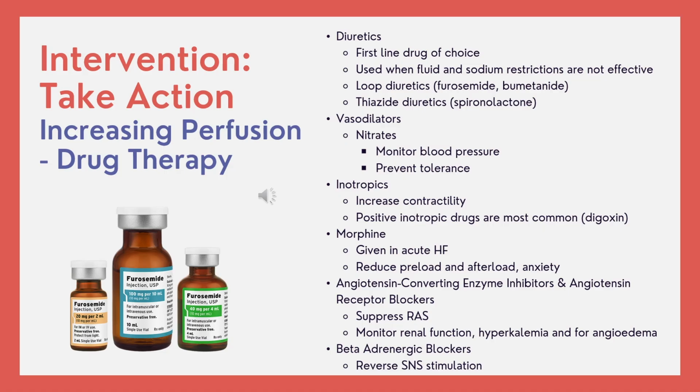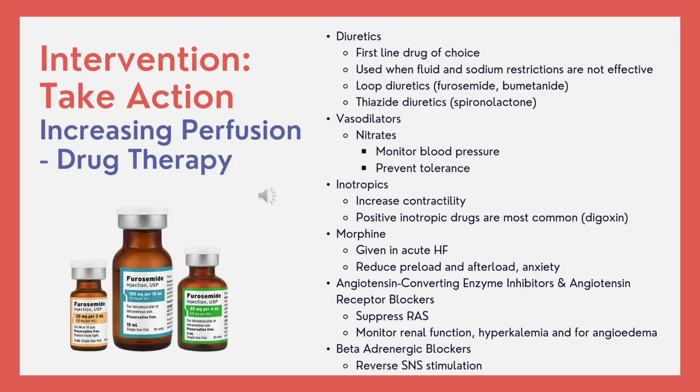As far as nursing considerations, we need to monitor these patients for hypotension, hyperkalemia, and angioedema. And again, ACE inhibitors prevent the conversion of angiotensin 1 into angiotensin 2, which is a very potent vasoconstrictor. So it prevents that vasoconstriction from happening.